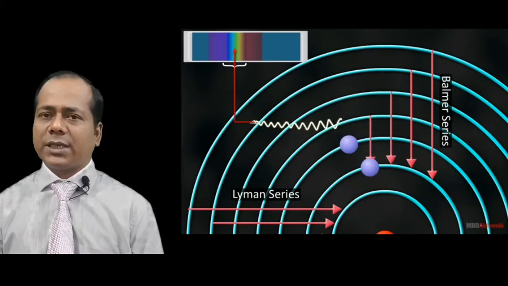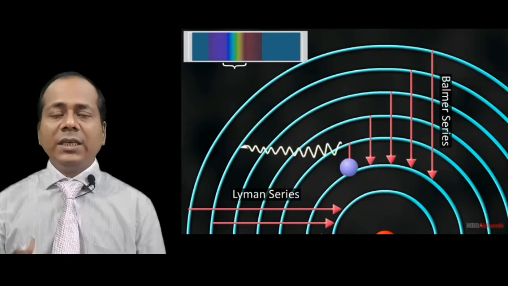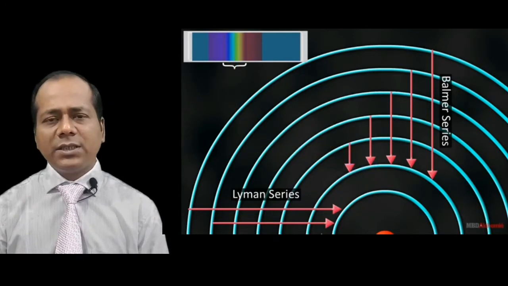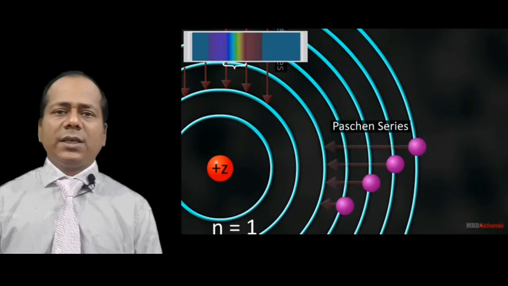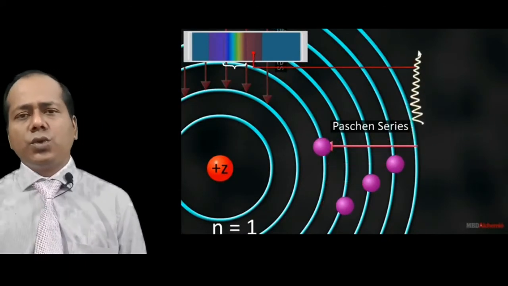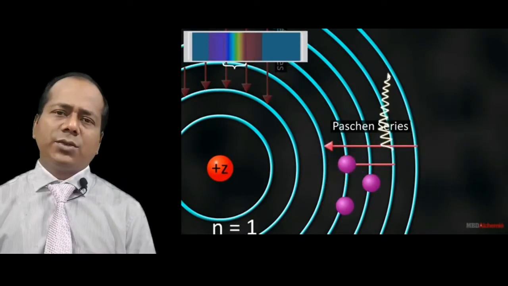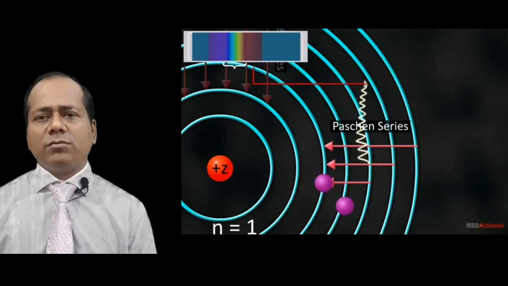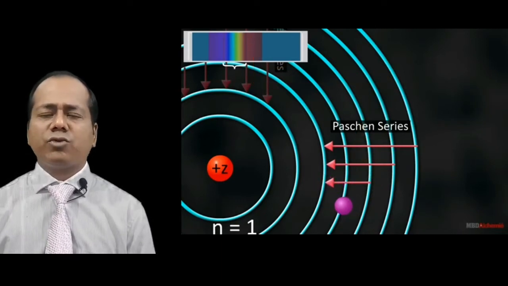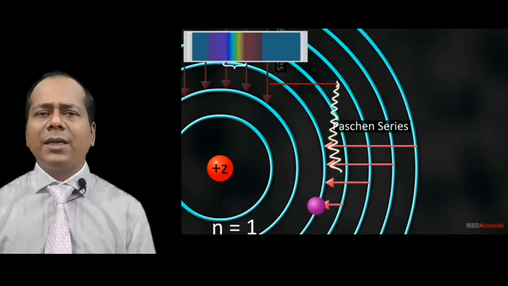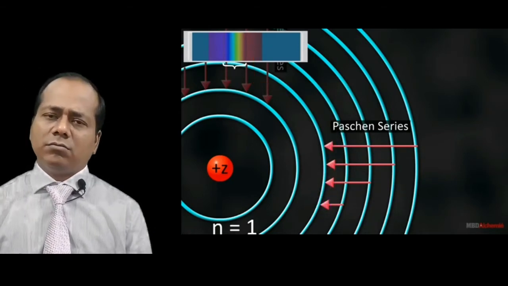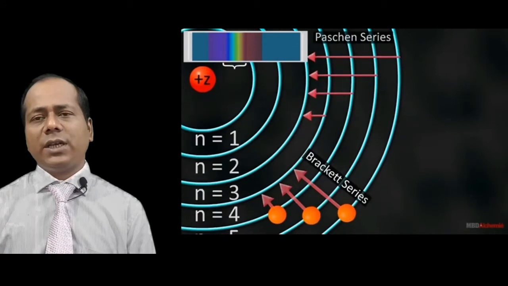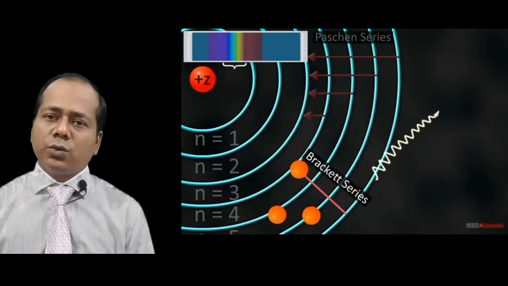Second series is Balmer series. For Balmer series, n1 equal to 2 and n2 equal to 3, 4, 5, 6, etc. Then the excited electron returns back from higher energy level to lower energy level n1 equal to 2.